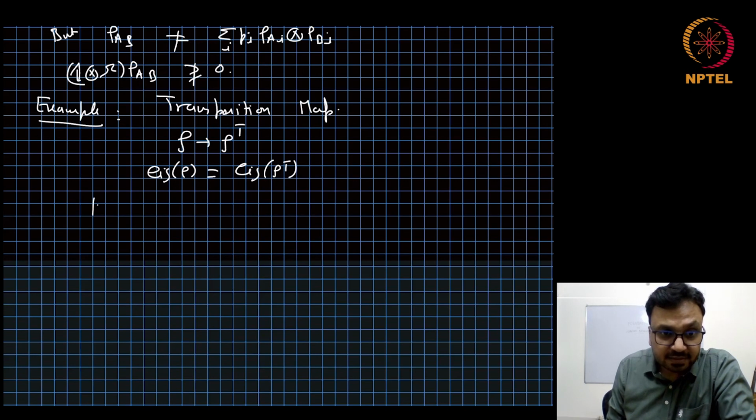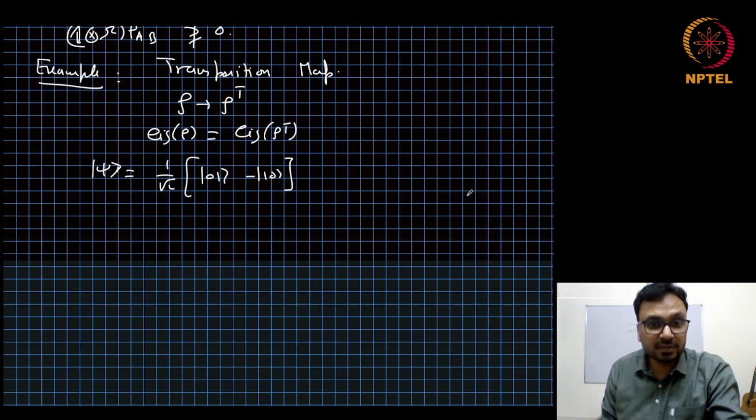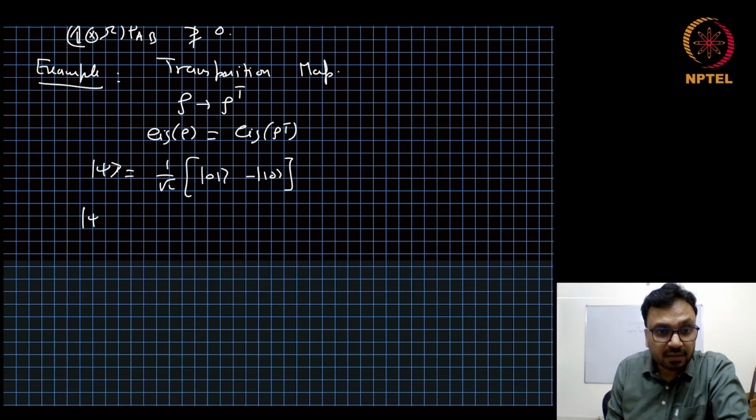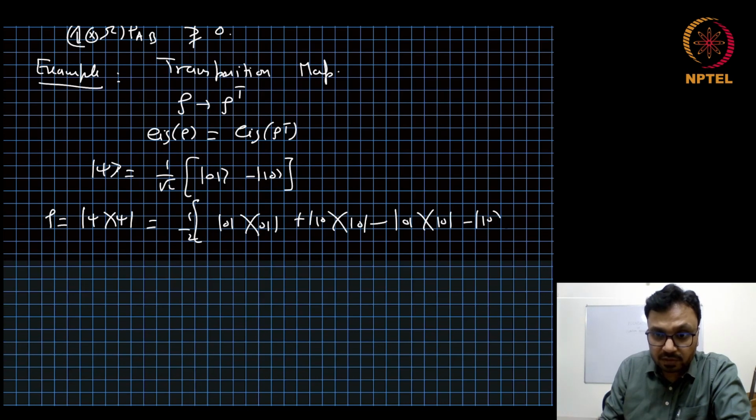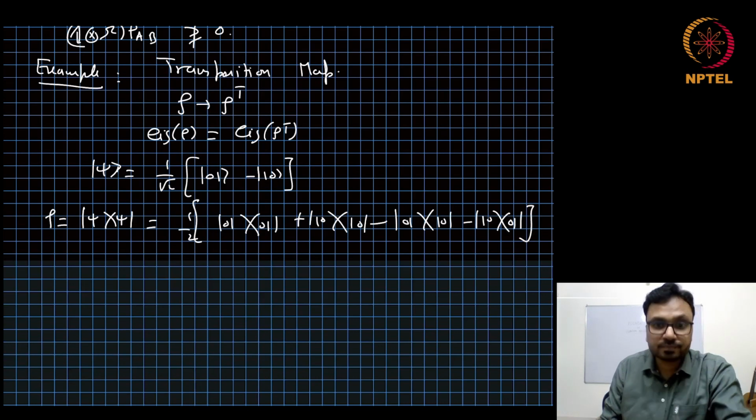But now consider a state psi, which is 1 over root 2 times (|01> minus |10>). This is the singlet state, and psi outer product psi, which is the rho, will be 1 over 2 times (|01><01| plus |10><10| minus |01><10| minus |10><01|).